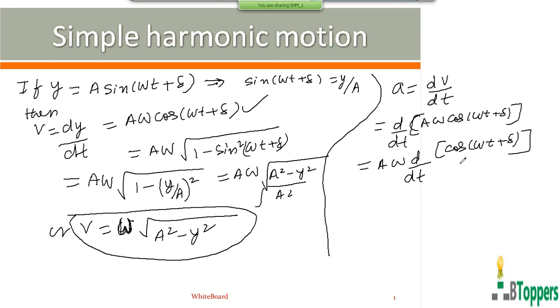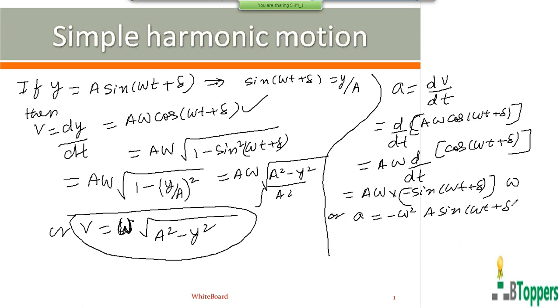The derivative of cos omega t plus delta gives minus sin omega t plus delta into omega. So you get instantaneous acceleration equal to minus omega square into a sin omega t plus delta. And a sin omega t plus delta you can write as y. So you get instantaneous acceleration equal to minus omega square into y.